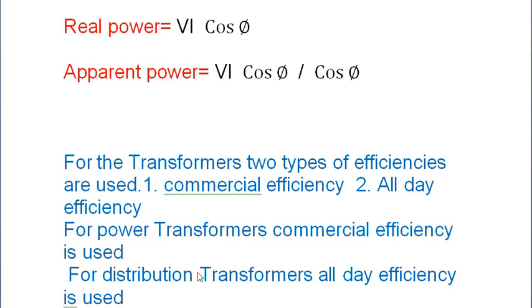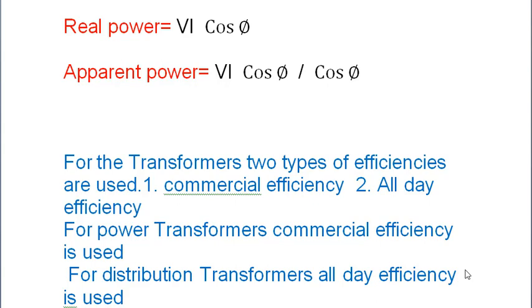So the efficiency of the distribution transformer cannot be equated with the commercial efficiency of the power transformer. To calculate the efficiency of the distribution transformer, we have to take output in kilowatt hours and the input also in kilowatt hours.